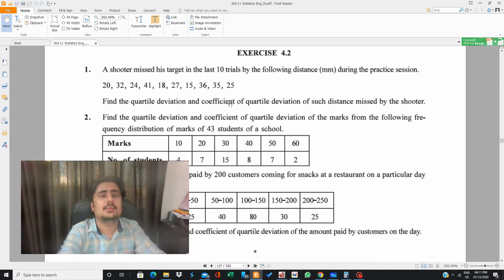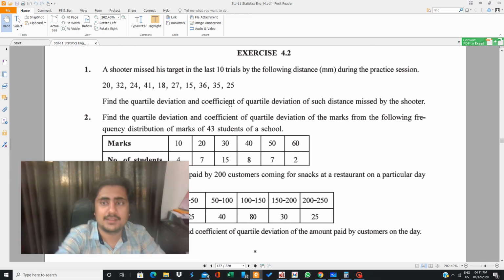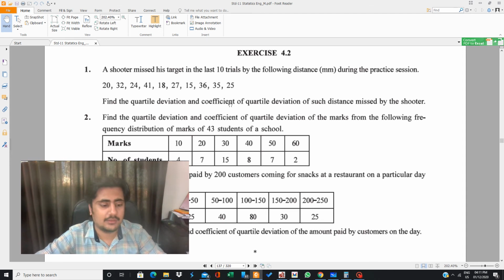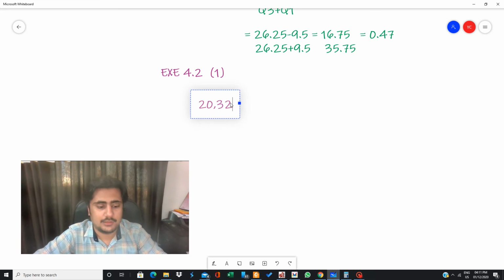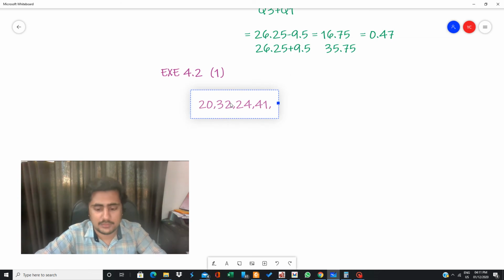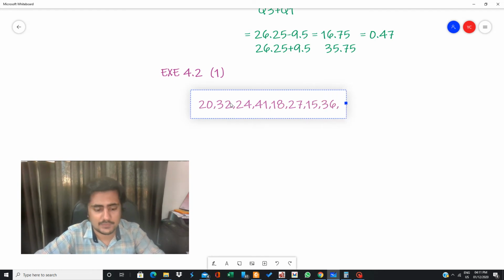A shooter missed his target in the last 10 trials by the following distances during the practice session. So he had 10 trials and all values are given in mm, that is millimeters.